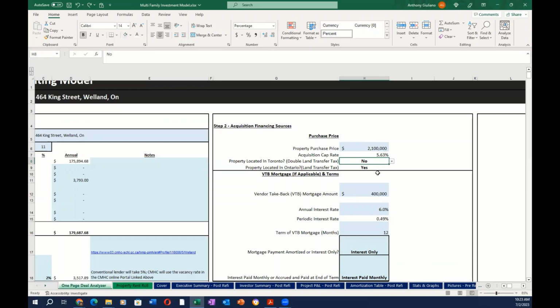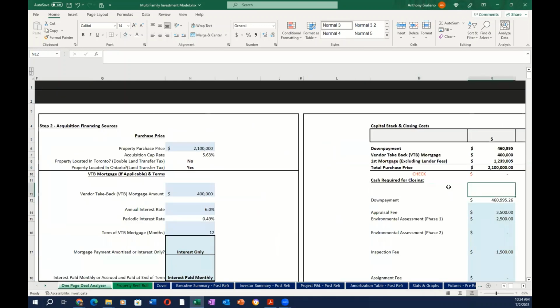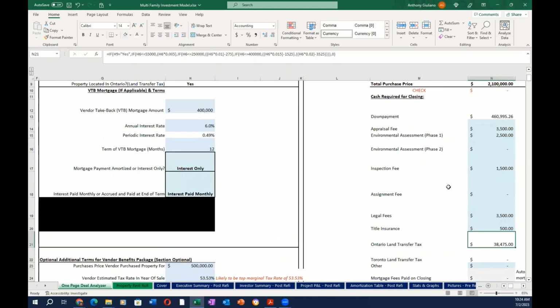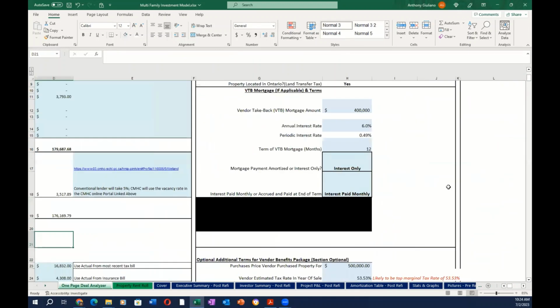However, if you're not purchasing properties in Ontario or in Toronto, you can just enter no for both of these. What is convenient here is that this will automatically calculate the land transfer taxes in your closing costs section over here, which is convenient because it's somewhat of a convoluted calculation to go through.